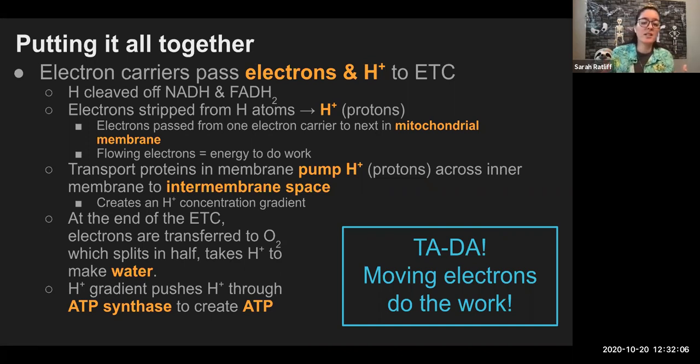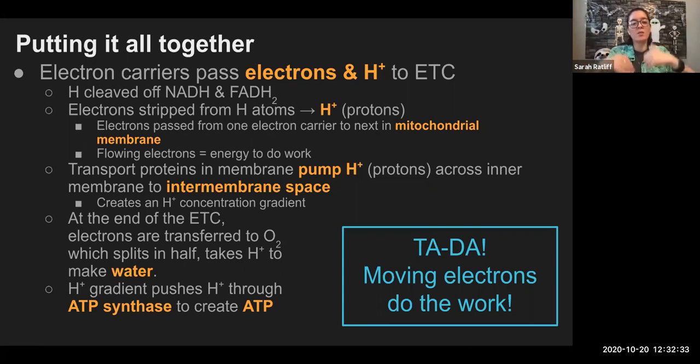At the end of our ETC, so that last protein, we're taking the oxygen we're breathing in, splitting it in half, and putting it together with some of those loose hydrogens that are floating around from our electron carriers to create water. And then our last step, our ATP synthesis, that gradient we've been building, all of that high concentration of hydrogen ions wants to even out.